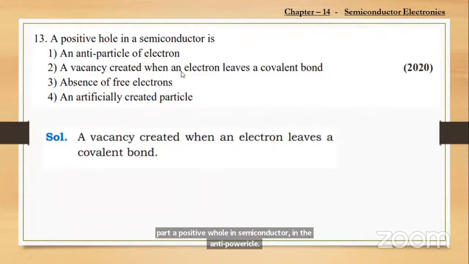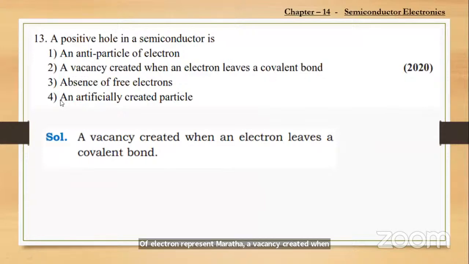A vacancy created when the electron leaves the covalent bond? Or the absence of free electrons and artificially created particles? Which option is correct? You can observe that it is the vacancy created when the electron leaves a covalent bond. So the second option is the right answer.